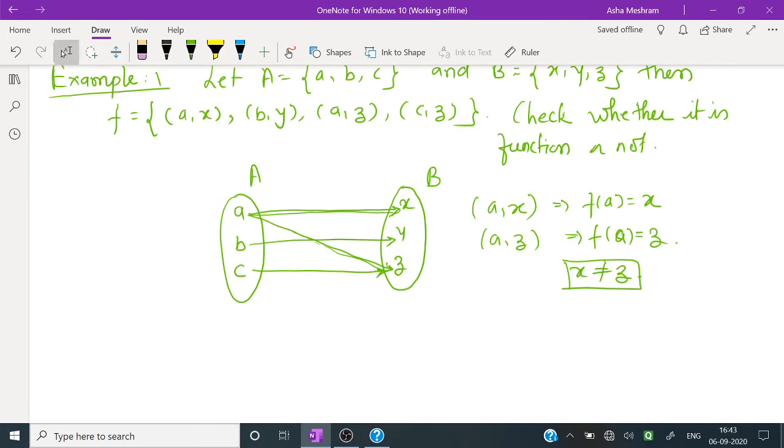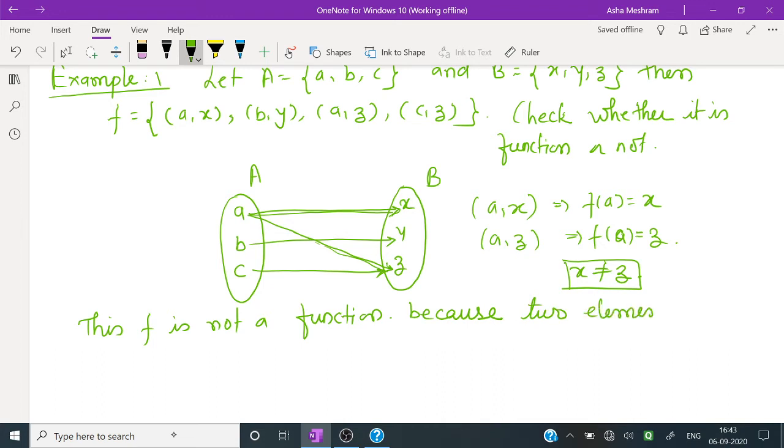Therefore this f is not a function, because two elements x and z are assigned to the same element, small a belongs to A. So this cannot be a function.